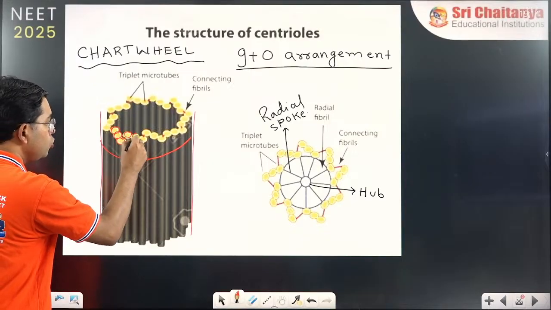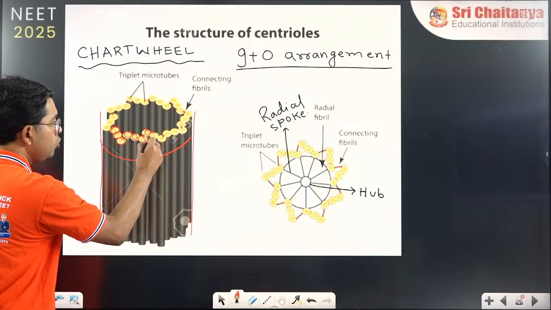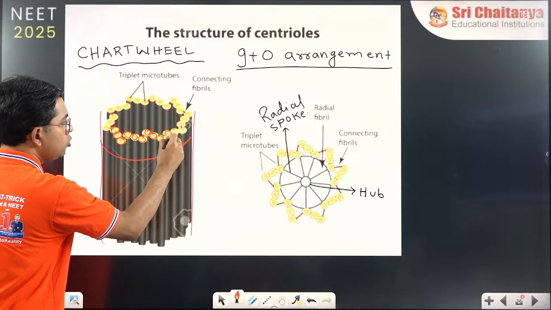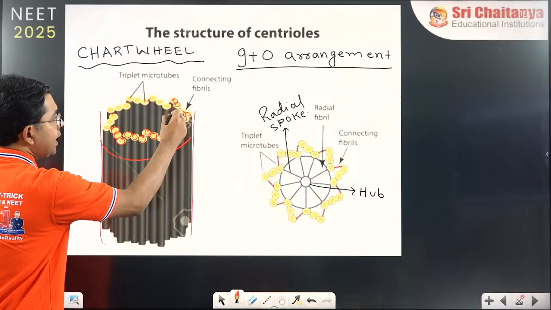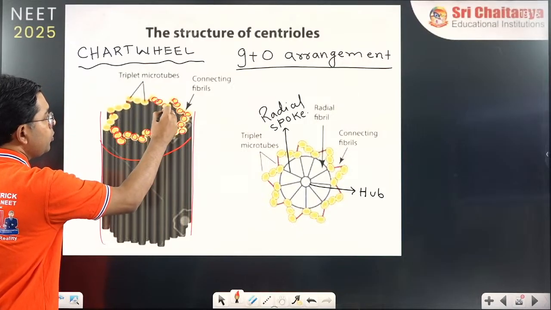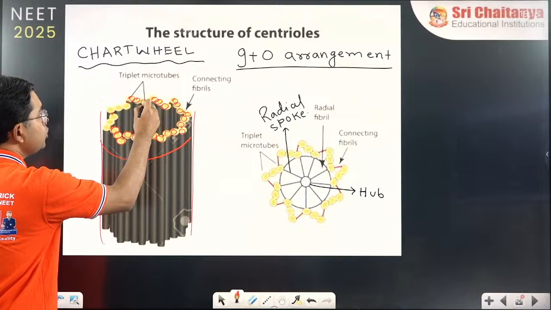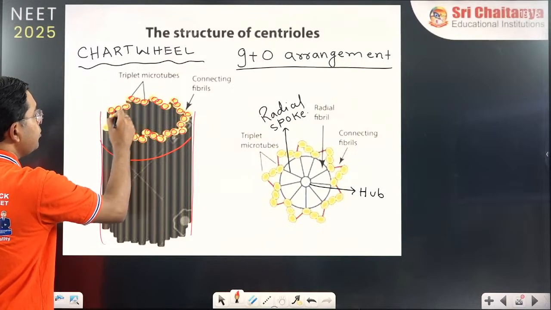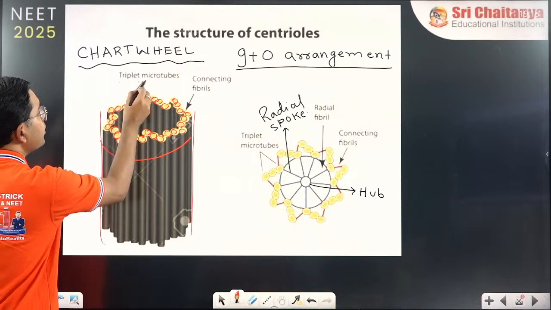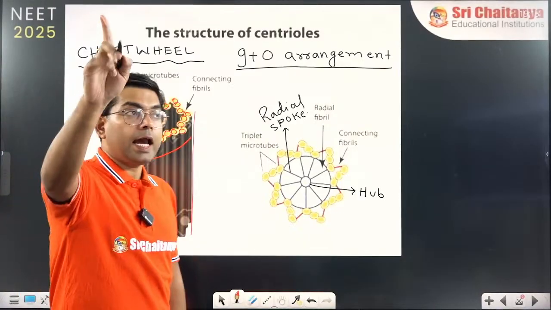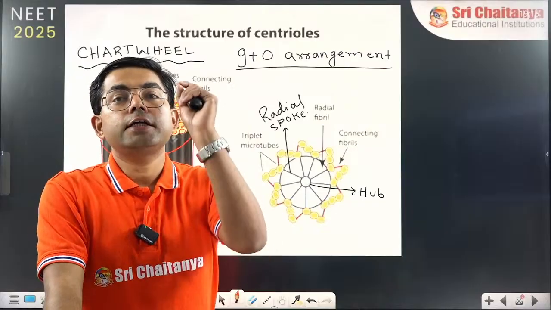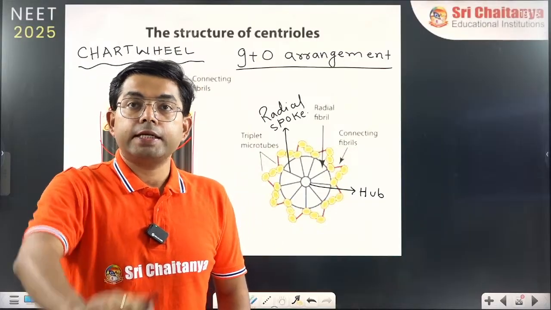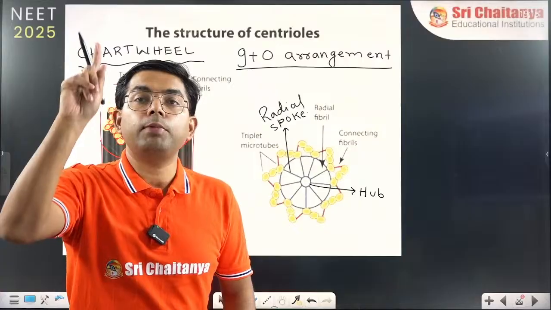Again 1, 2, 3, and so on. So now can we say that 3 microtubules are attached to each other and these 3 microtubules are forming triplet? In 9+0 arrangement, there are triplet of microtubule present. In 9+2 arrangement, doublets were present.